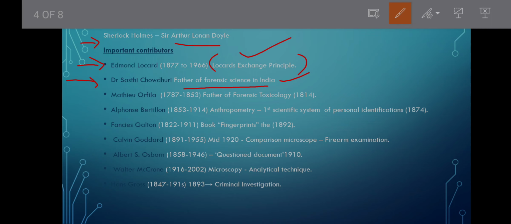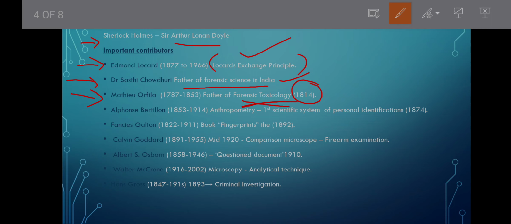Then next, moving on to Sir Mathieu Orfila, the person who is known to be the father of forensic toxicology. He wrote the forensic toxicology book in the year 1840. He was a French-speaking Spanish person.